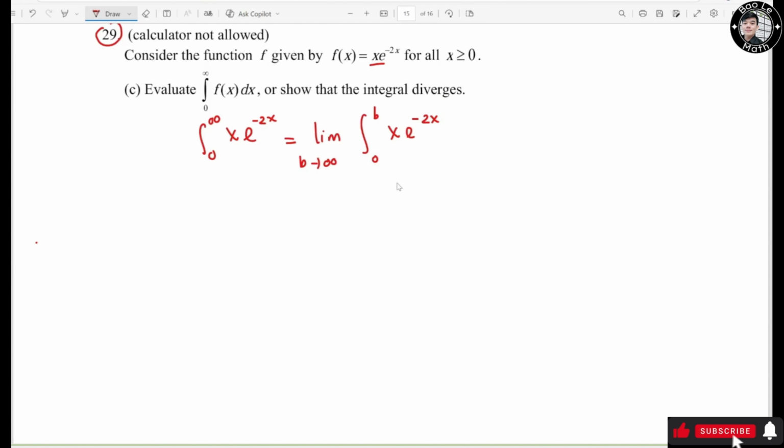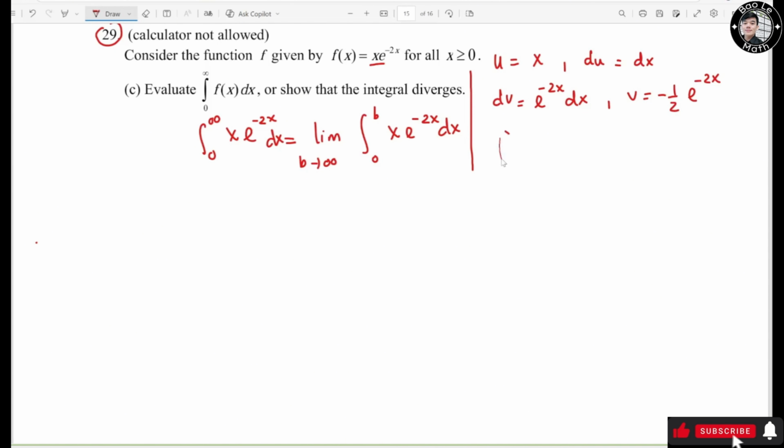So we're going to use integration by parts, right? Let u be s, du equals ds, dv equals e to the -2s ds, v equals -1/2 e to the -2s. The integral from 0 to b of s e to the -2s ds becomes u times v, this guy times this guy, right?